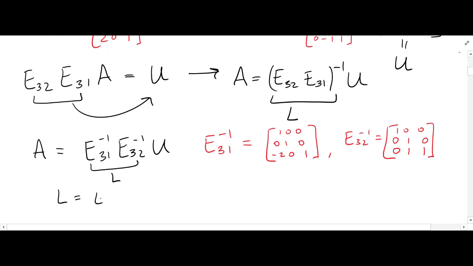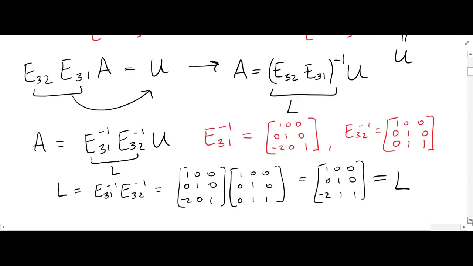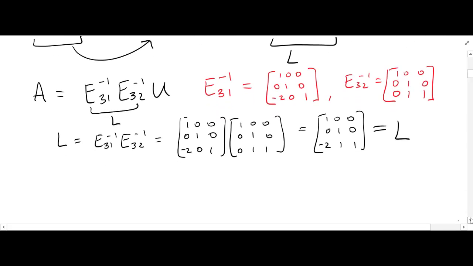Then we just need to multiply these two matrices together to get L. So L is E31 inverse times E32 inverse. When you multiply these two together, you get this, which is a lower triangular matrix.